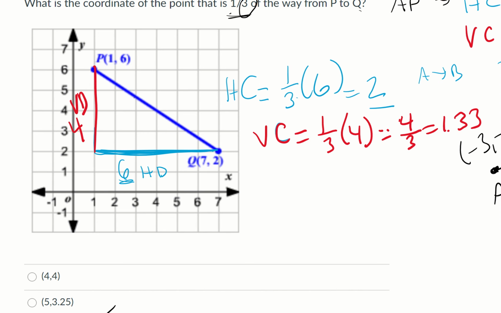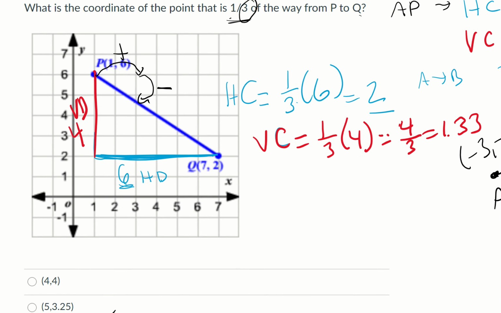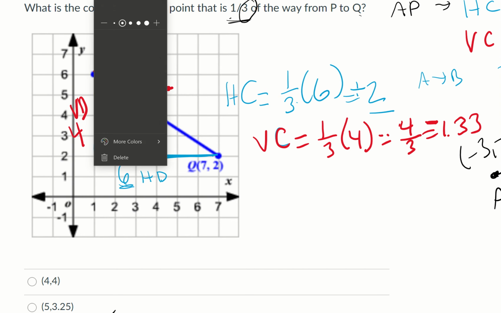Now notice that in order to go into the line segment, I would have to go right and down, right? So right is positive, down is negative. So I'm going to have to add the horizontal and subtract the vertical, right? Subtract here and add here from the point P, okay?